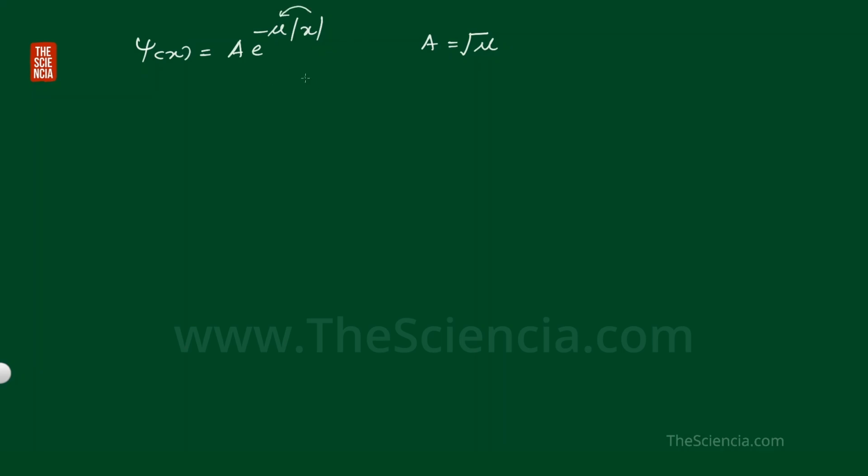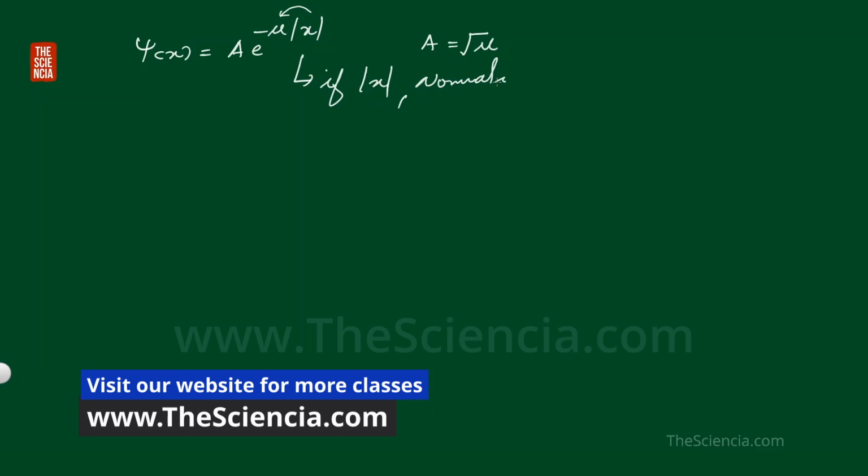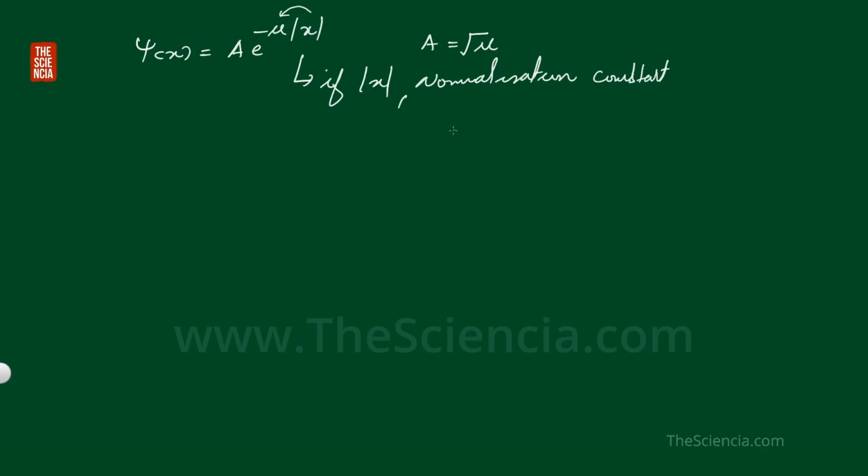That is, if mod x is there, then the normalization constant will be the root of the coefficient of modulus of x.